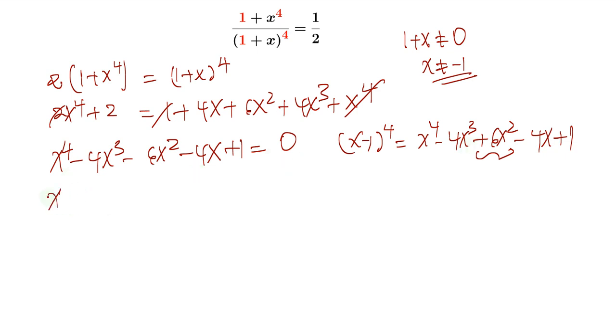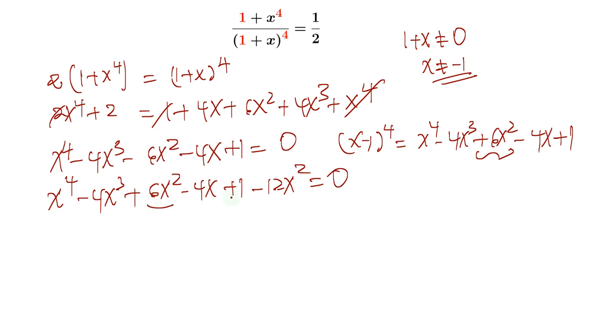So we're going to have that this is x to the 4 minus 4x to the 3 plus 6x squared minus 4x plus 1, and then minus 12x squared equals 0.